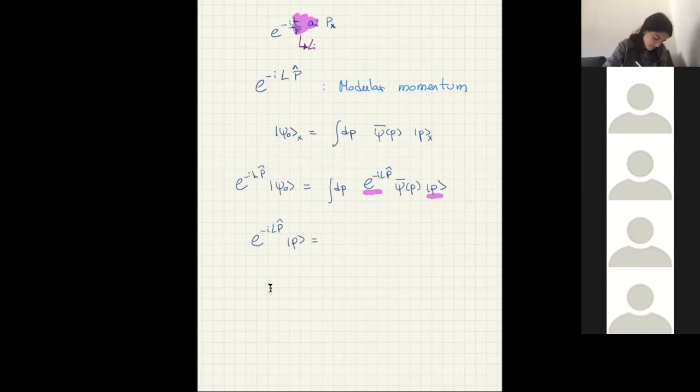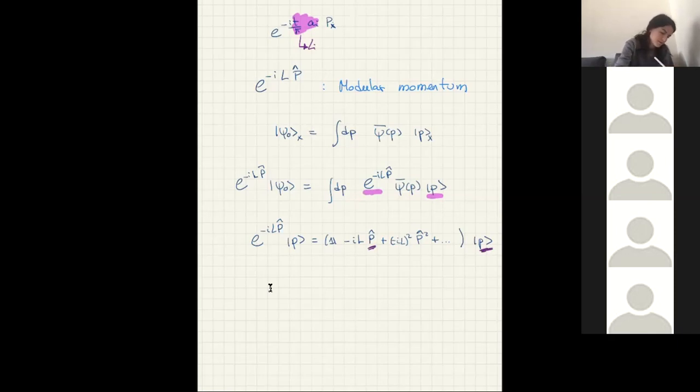So we'll get identity minus i L p plus (minus i L) squared p squared, and so on, all of this acting on |p>. Well, we know how the operator p acts on the state |p> in the momentum basis, because it's an eigenstate, right?